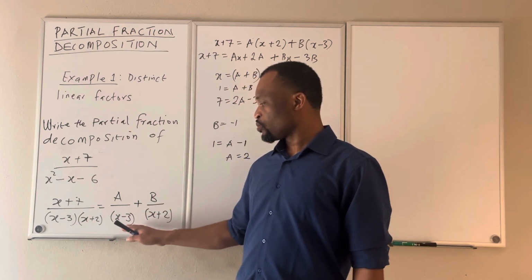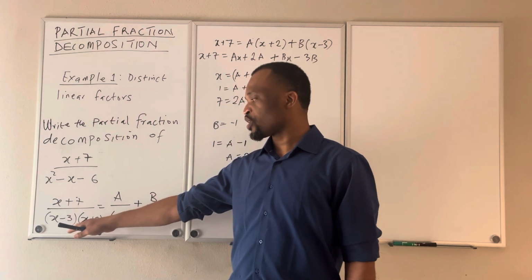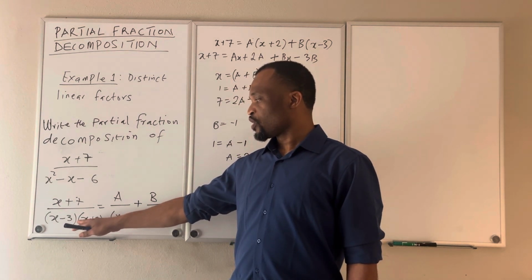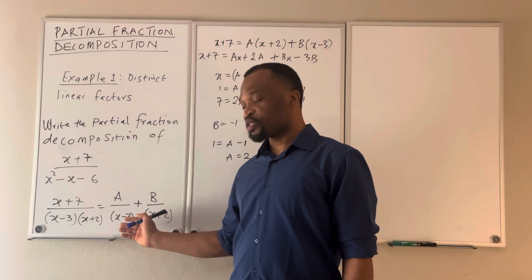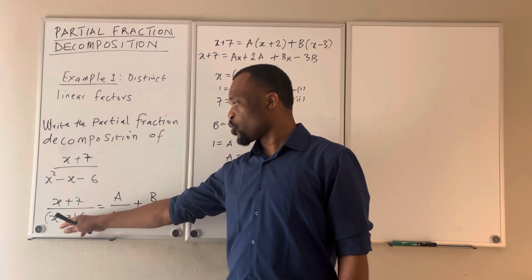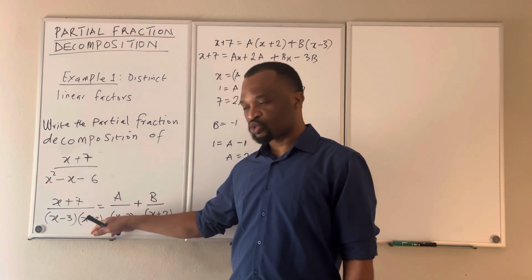find a common denominator. We already have a common denominator here, which is x minus 3, x plus 2, or what you can call taking the LCM, the lowest common multiple. The lowest common multiple of this will be x minus 3 and x plus 2.